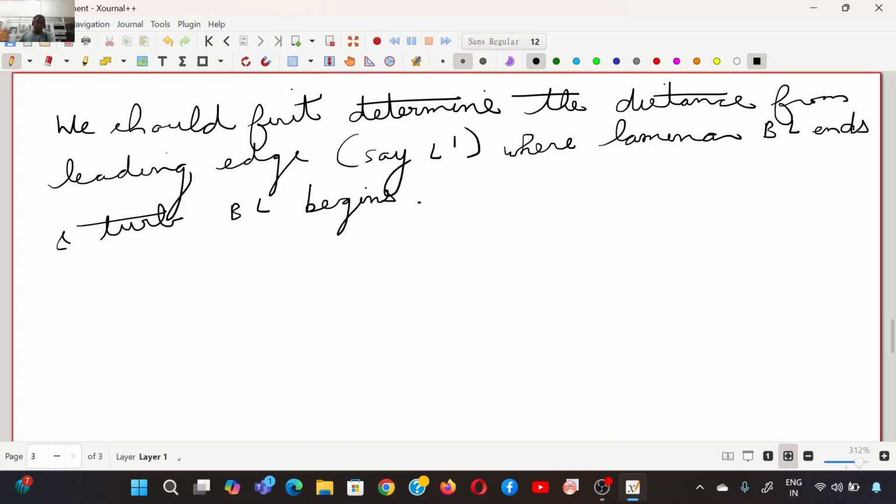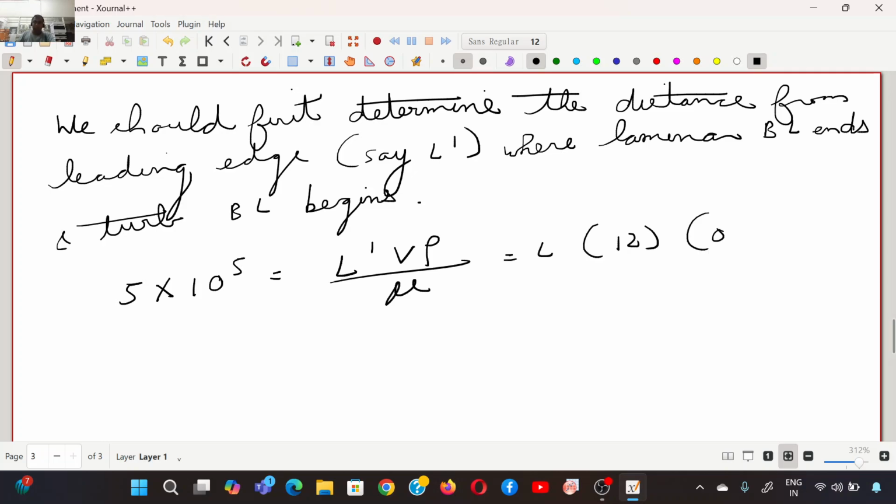So what is the transition turbulence Reynolds number for that to happen? It's 5 into 10 to the power 5. So assuming that distance is L prime, V, rho, mu we know, right? What is V? It is 12. Rho is 0.962. Mu is 2.131 into 10 to the power minus 5.